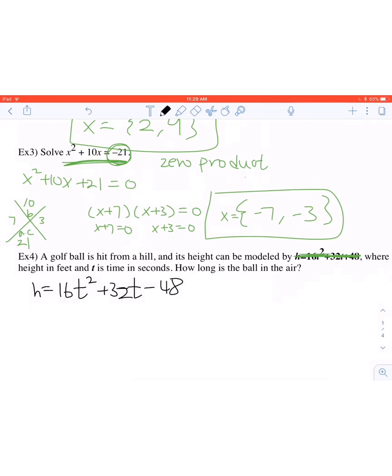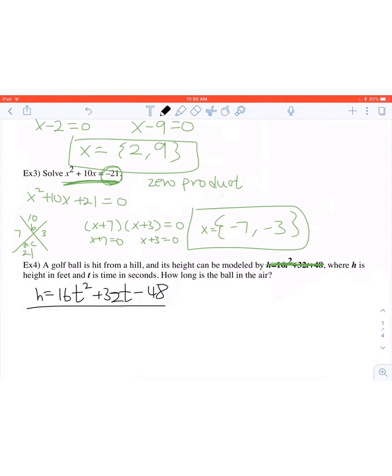Alright, so let's take a look at this question here. A golf ball is hit from a hill and its height can be modeled by h is equal to 16t squared plus 32t minus 48, where h is height in feet and t is time in seconds. How long is the ball in the air for?